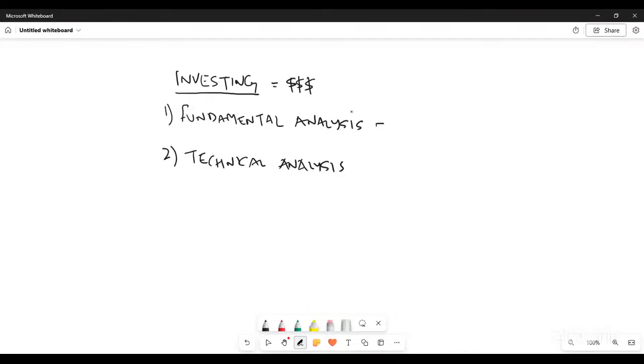Yes, good. Fundamentals talks about the company overall. So fundamental analysis gives us the answer to the question: why invest?